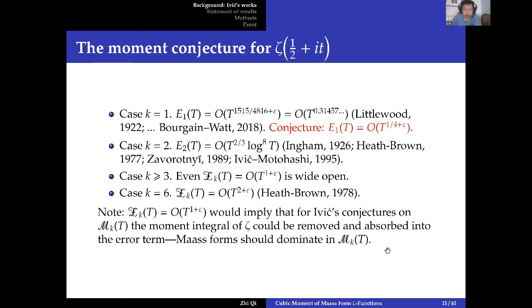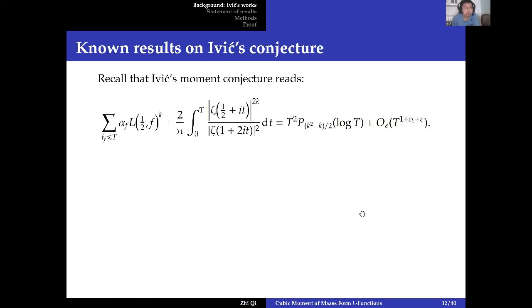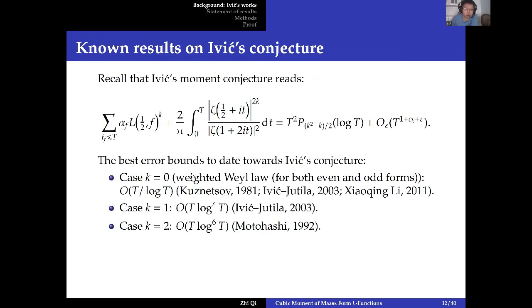These are some backgrounds for the moment conjecture, especially for the Maass form case. And then I'm going to talk about the Ivić conjecture and the known results. In the k equal to 0 case, this is more or less the Weyl law. And of course, Weyl law usually is proven for both even and odd forms.